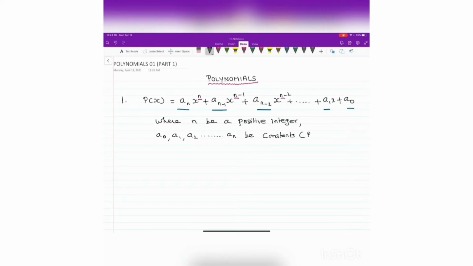I can write inside the bracket, real numbers.